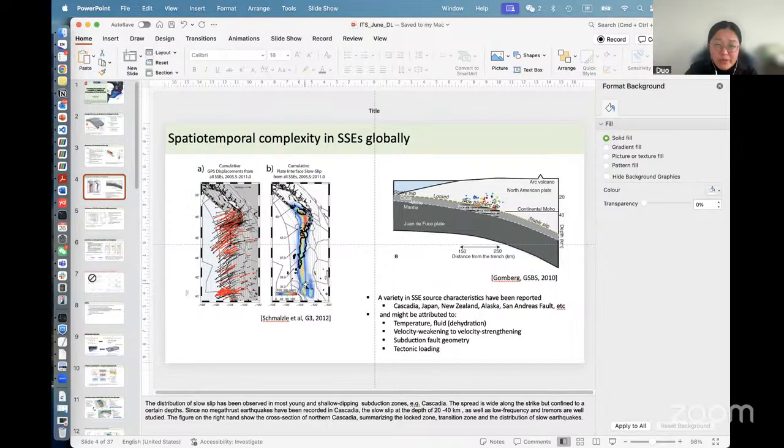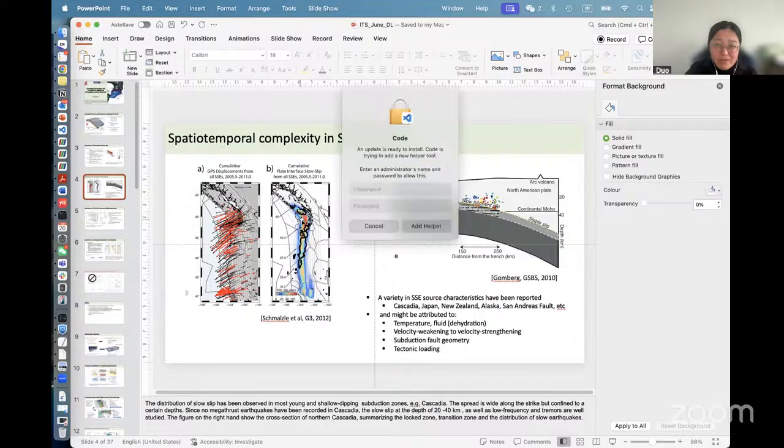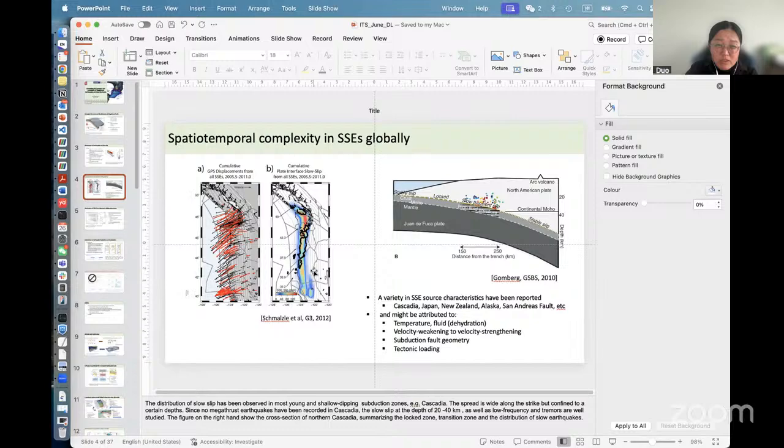The geometry will in fact influence the stress accumulating on the fault during the long-term loading.